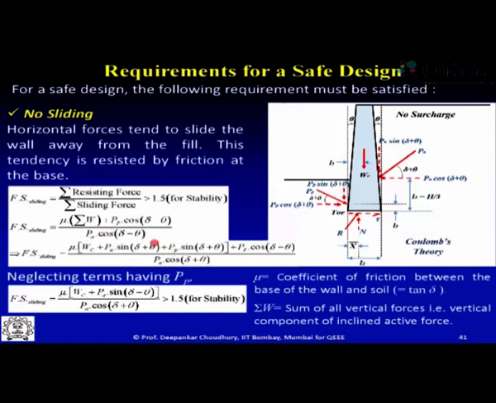And whatever forces are coming that I have mentioned, you have to just take the components of those accordingly and do this computation of factor of safety with respect to sliding, to make sure that your designed wall section with a weight of the wall WC gives a factor of safety against sliding equal to or more than 1.5.